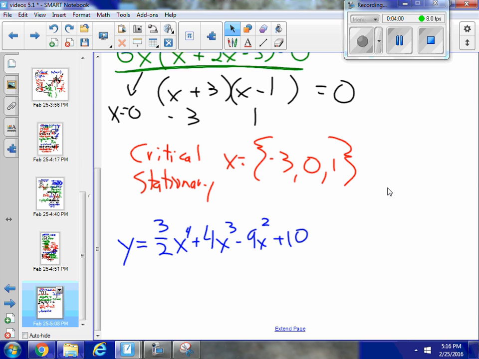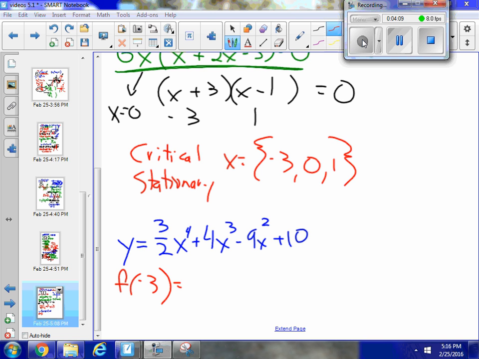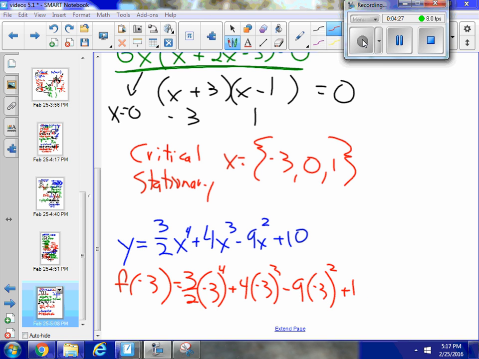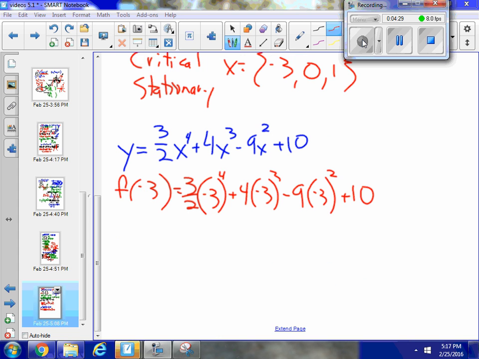So I want to find what is f of negative 3. Well, I'm going to have 3 halves times negative 3 to the 4th power plus 4 times negative 3 cubed minus 9 times negative 3 squared plus 10. This one's going to take a little bit of arithmetic.